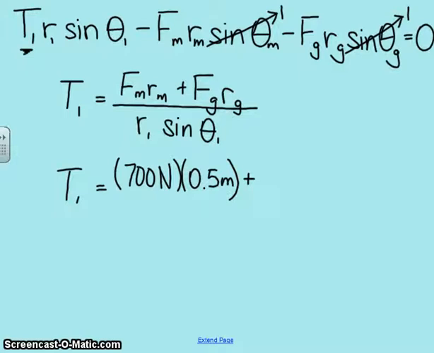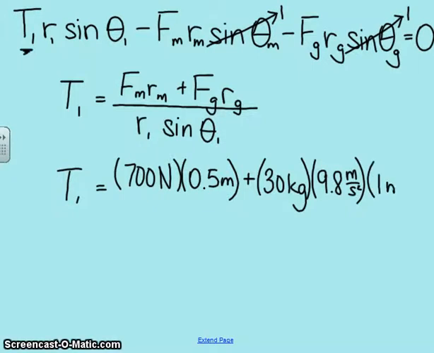I didn't put any vector symbols there. So force of gravity is mg, which is 30 kilograms, times 9.8 meters per second squared, times where that force acts. Now we know that the force of gravity always acts at the center of mass. And the center of mass for this plank is right smack dab in the middle. It is a 2 meter long plank, so R is 1 meter.